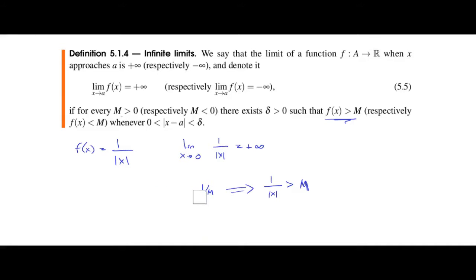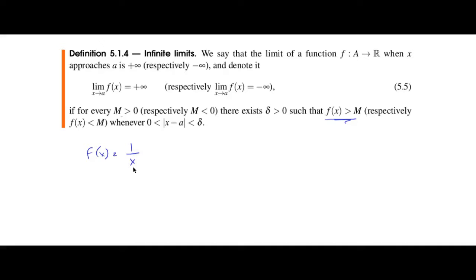Using the same argument, we can prove that the function f equals 1 over x has a left-handed limit, from the left, of minus infinity, okay? And again, if we choose whatever m smaller than 0, we can choose a delta, and it has to be greater than 0.